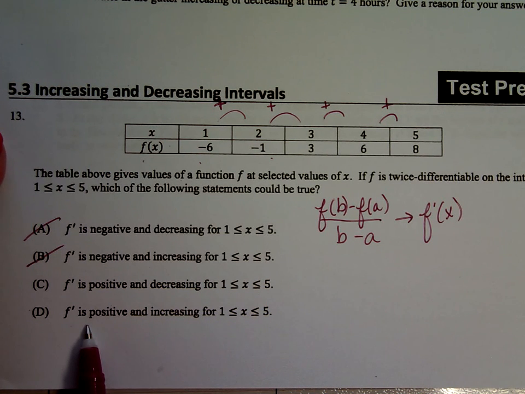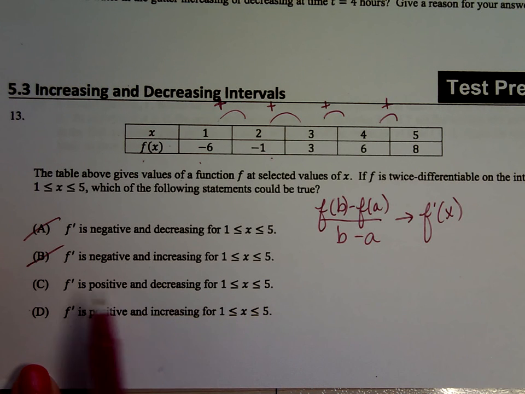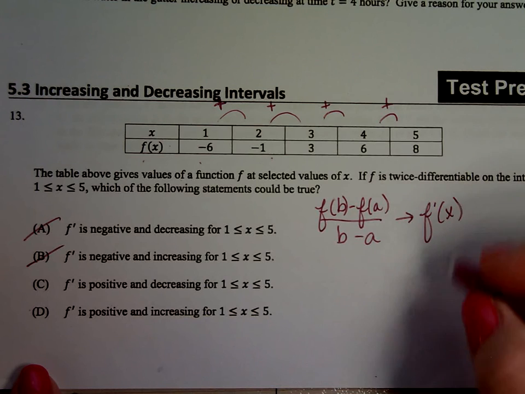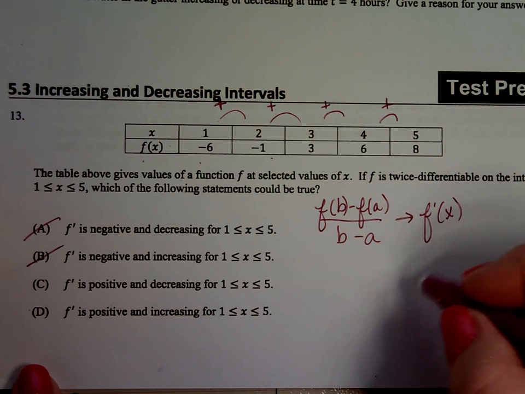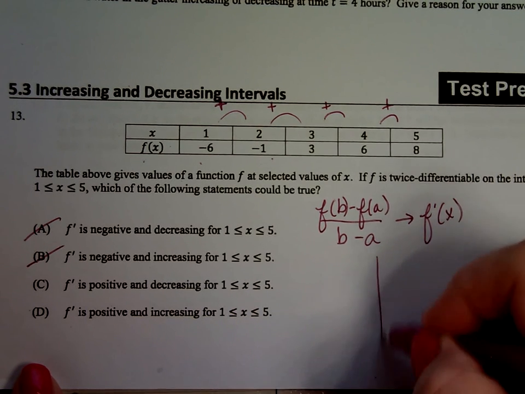So let's think about it for a minute. Now I've got to figure out if it is decreasing or increasing, because I'm down to these two choices. Now this is talking about what the slopes are doing. Is the slope decreasing or is the slope increasing? So I could also just plot some points, right? They're x and y values. Rough plot here.